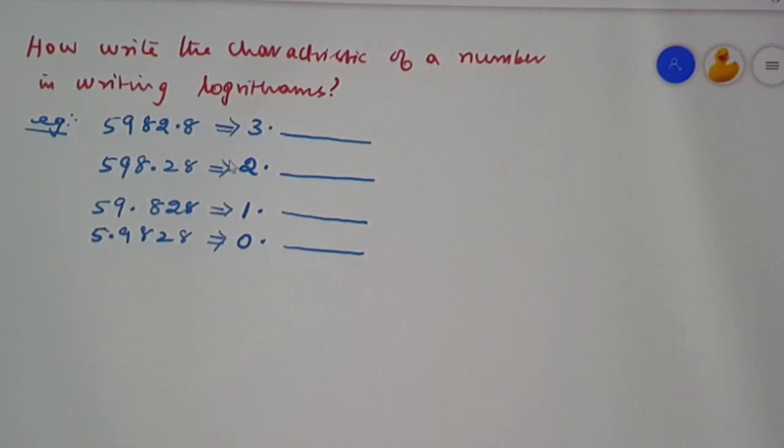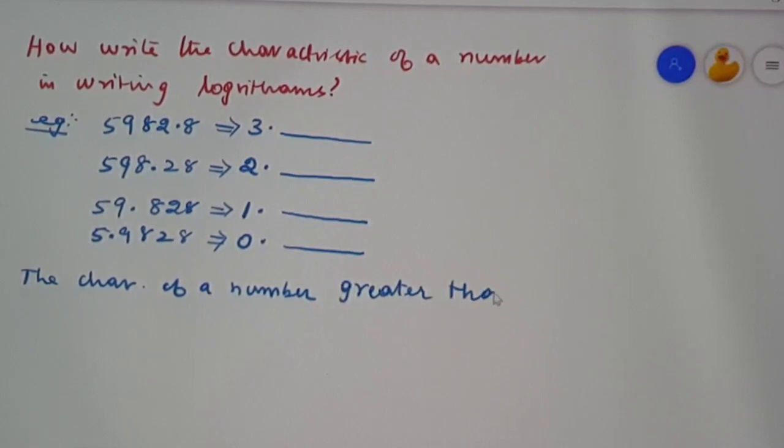So using this, I can frame a general rule or a general law. How? See, I can write like this: the characteristic of a number, and the number is greater than 1, because all the numbers I have taken here are greater than 1, or equal to 1.